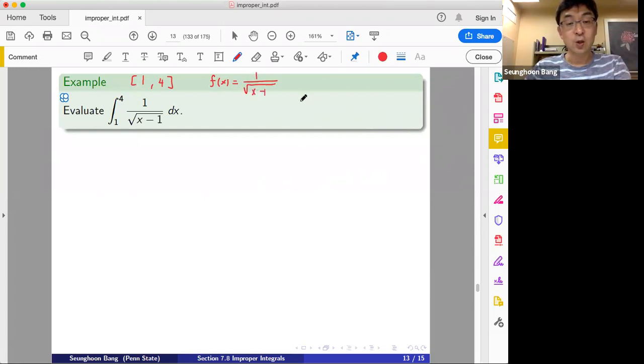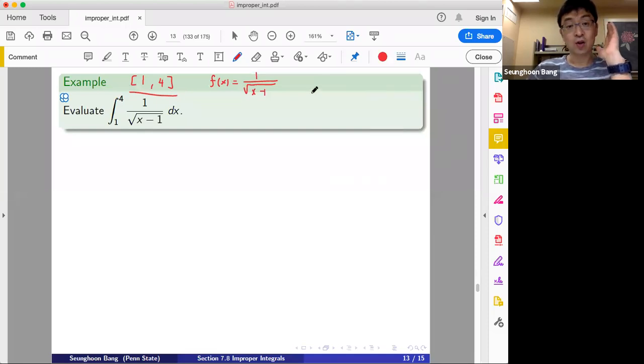So is f of x equals 1 over the square root of x minus 1 continuous on this interval or not? What do you think? Is it not continuous? At which number is f discontinuous?